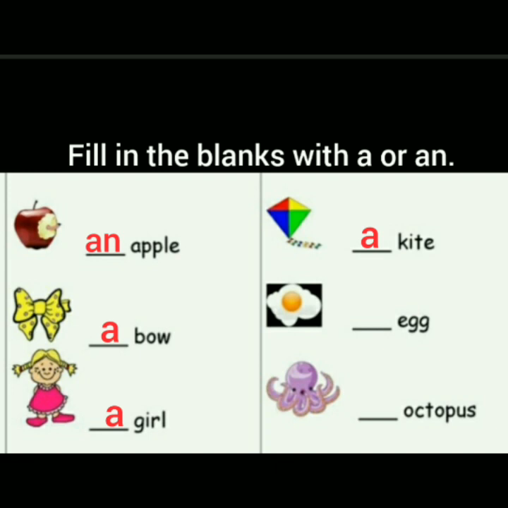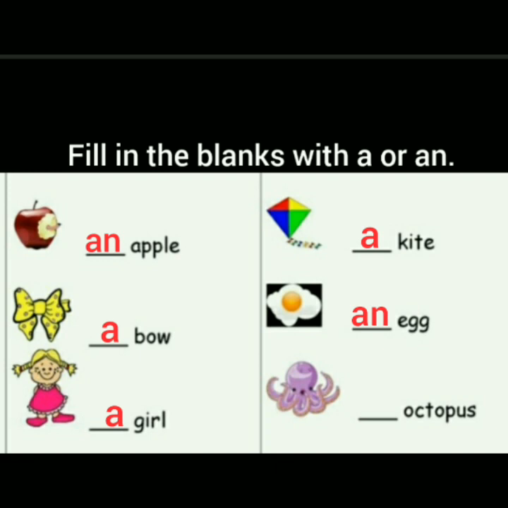kite. Number 5. Dash egg. Here the word starts with E. E is a vowel. So we will write AN. An egg. Number 6.